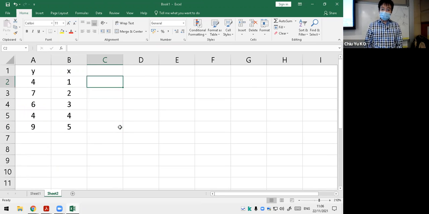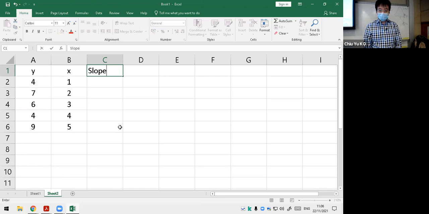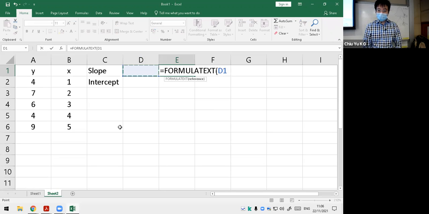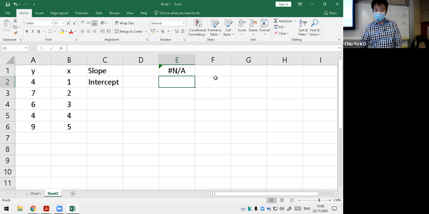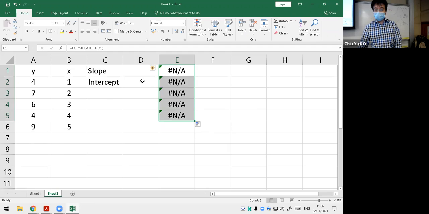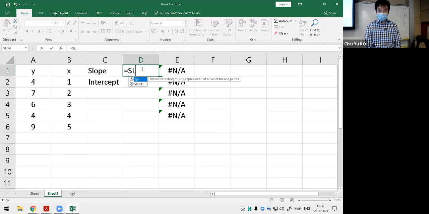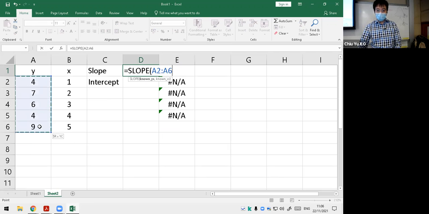First, how we do the slope and intercept. That's very simple. Let me do the formula here. This is coming from the last class already. Just SLOPE, and then you put Y and then you put X there.